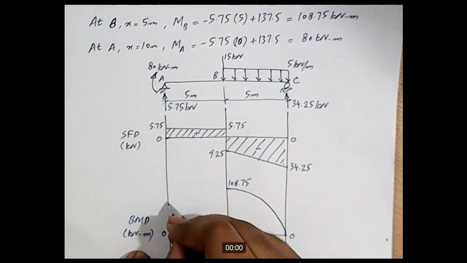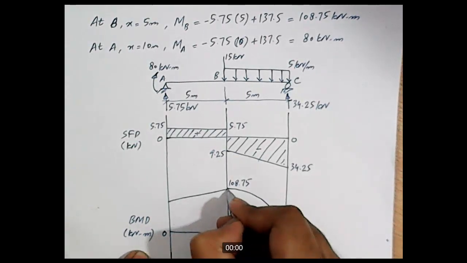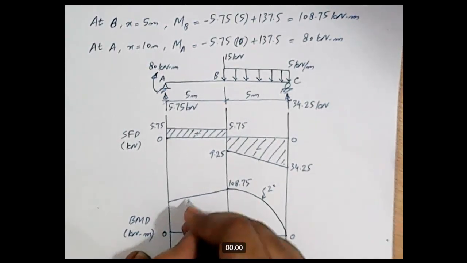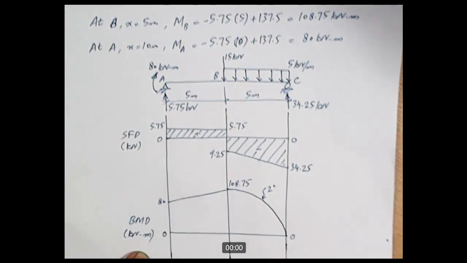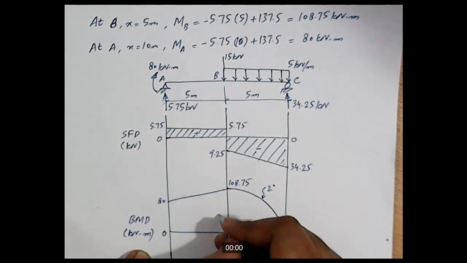And the equation of bending moment for portion AB is first degree, so these points will be joined together with a first degree line. This line is second degree, whereas this line is first degree, and this value is 80. And this completes the bending moment diagram for this part.